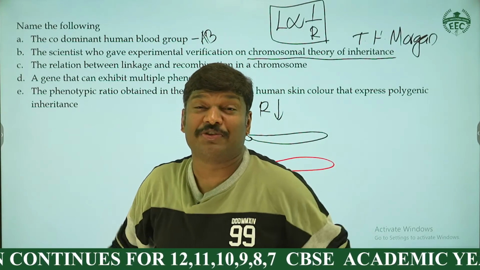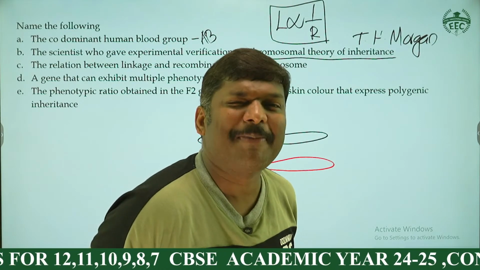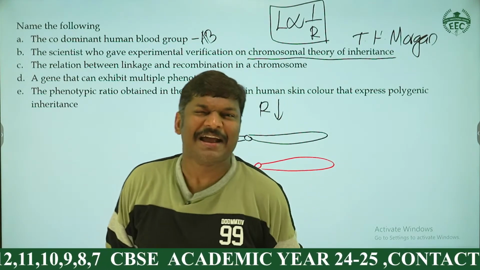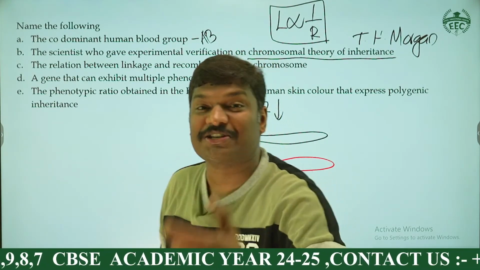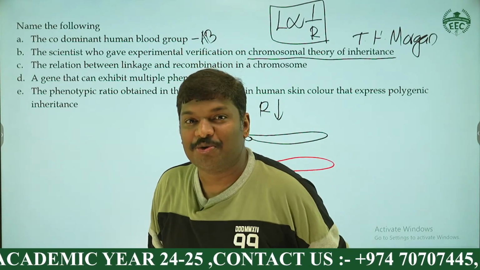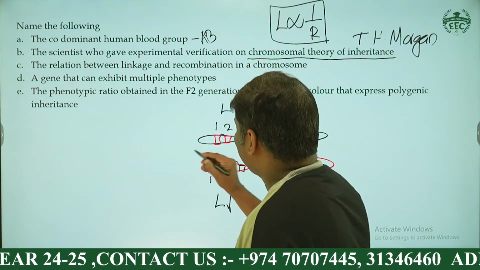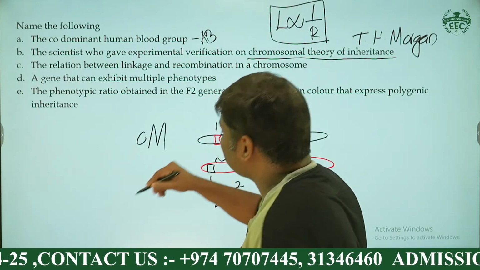What is that? One of the important branches of genetics called gene mapping, my dear student. The gene mapping concept, the distance between two genes, was developed by Alfred Sturtevant, a topic in the NCERT textbook. And in memory of his teacher, he developed the unit. What is the unit, my dear students?